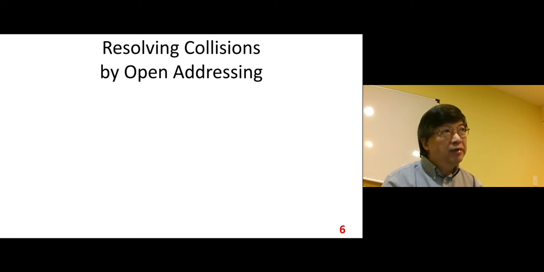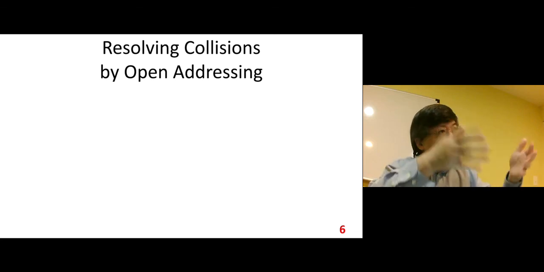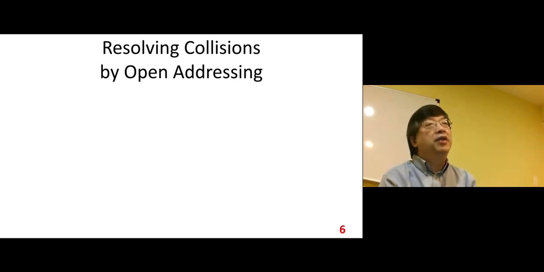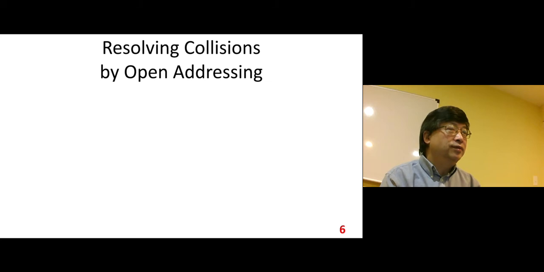So we still use an array, and we do open addressing. Open way. So you can place your data element anywhere in the array, with no limitation, no restriction. That's the open addressing.